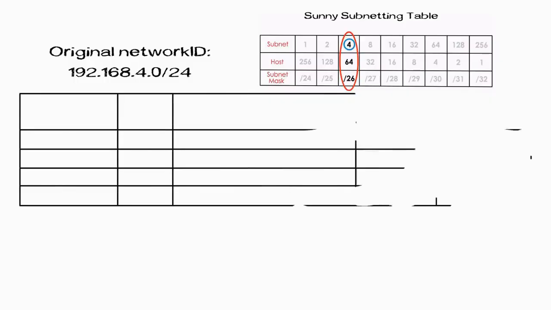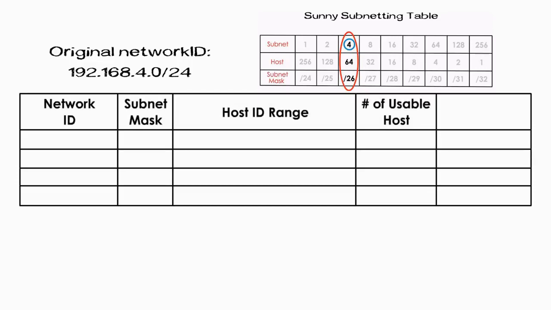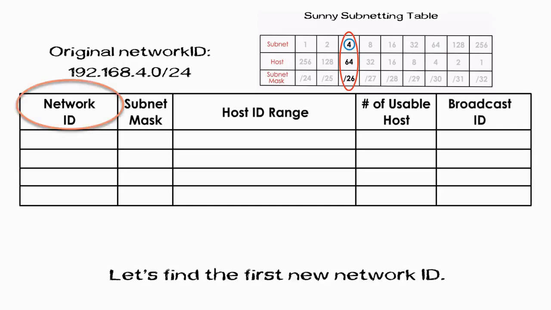Well, let's list all these 4 subnets' information: network ID, subnet mask, host ID range, the number of usable host IDs, and broadcast ID. Let's find the first network ID.